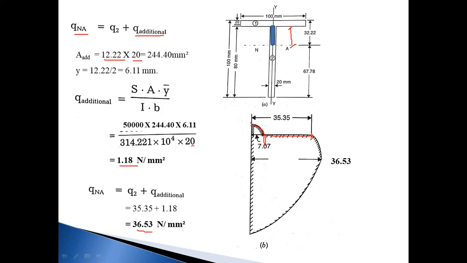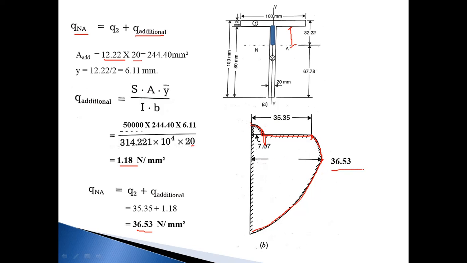This is the Q2 value, 35.35 Newton per mm square, and we know the value of QNA, that is 36.53, at a distance of 32.22 from the top. Plot this 36.53 and draw a parabolic curve. Now from the neutral axis to the bottom of the section there is no shear stress value, so join with 0. So this is the shear stress distribution diagram for the T section.